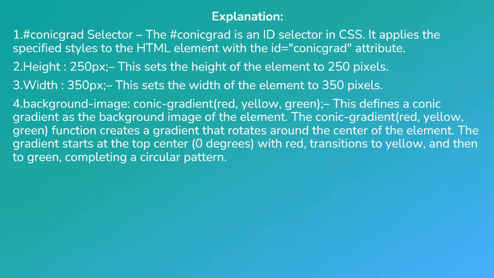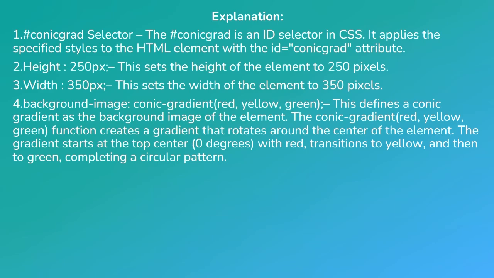It applies the specified styles to the HTML element with the id equal to conic-grad. 2. Height 250px. This sets the height of the element to 250 pixels. 3. Width 350px. This sets the width of the element to 350 pixels. 4. Background-image: conic-gradient(red, yellow, green).